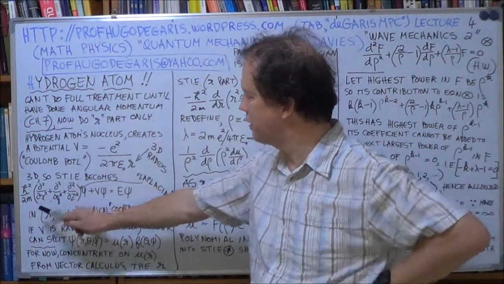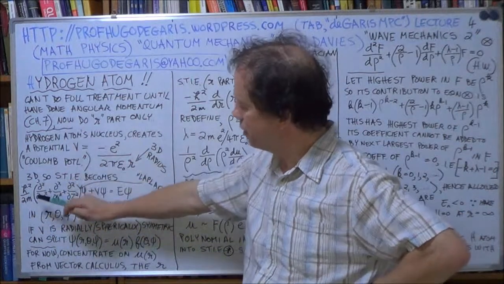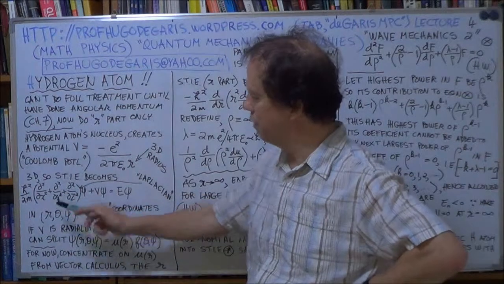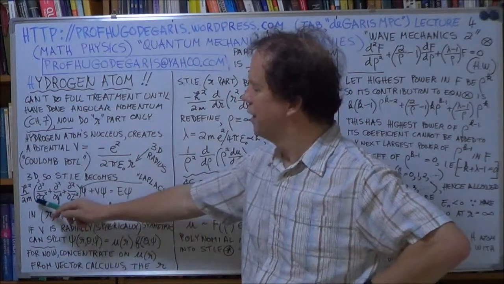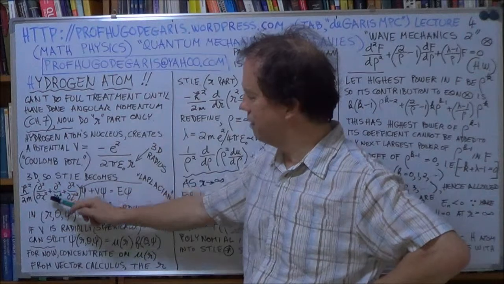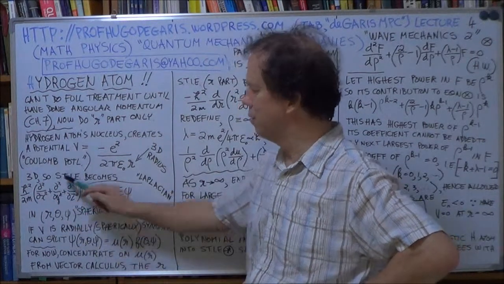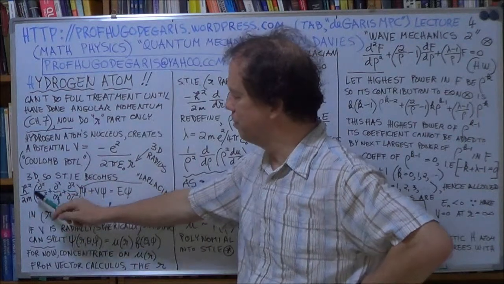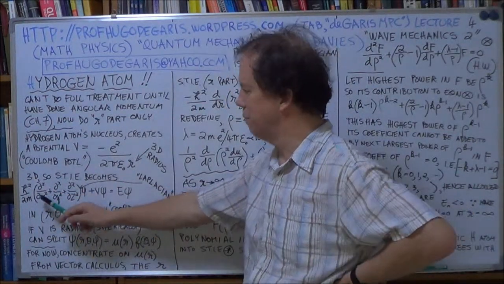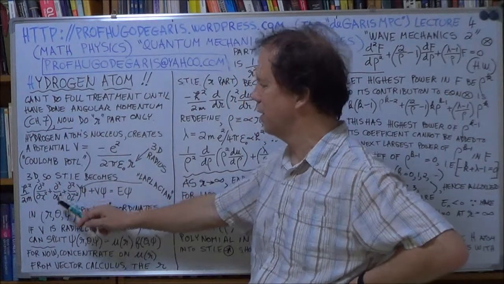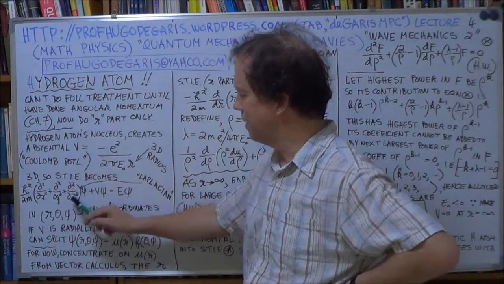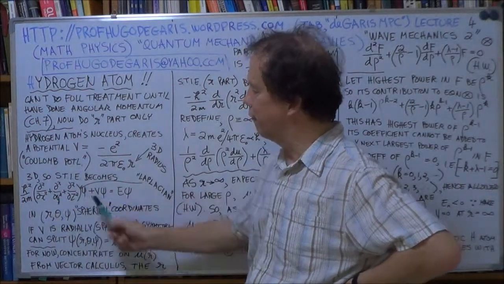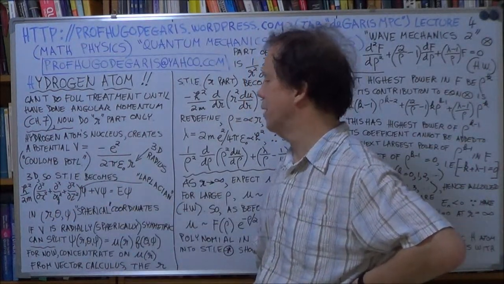Before we just had d squared by dx squared, but in 3 dimensions your second order differential operator is now d squared by dx squared plus d squared by dy squared plus d squared by dz squared. So you have this 3-dimensional form for the Schrödinger equation.